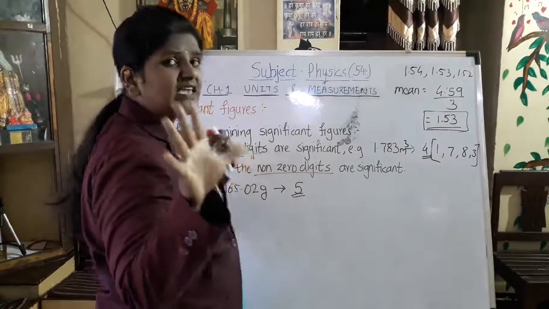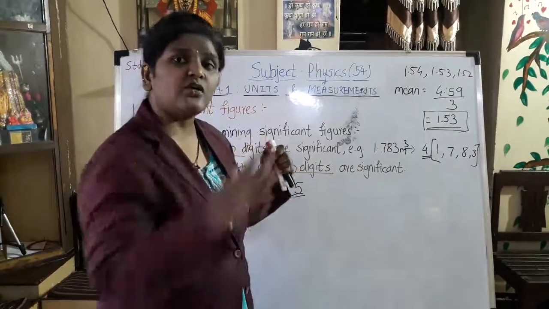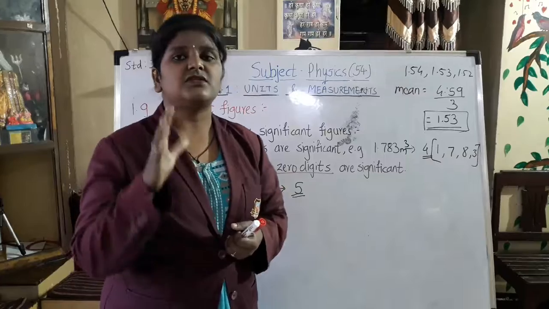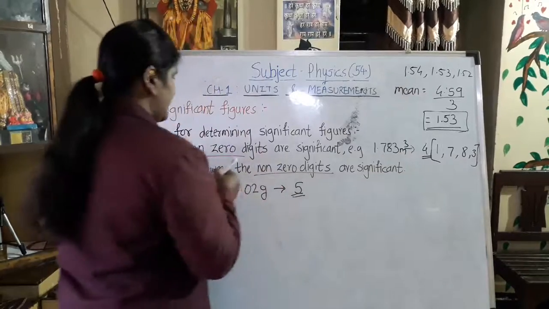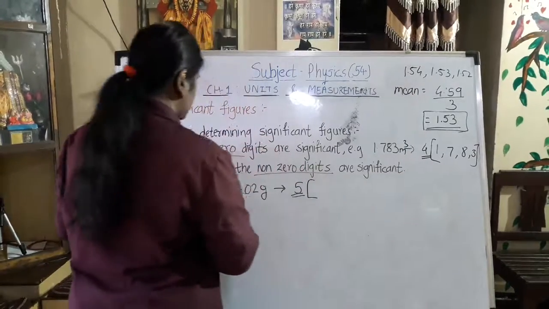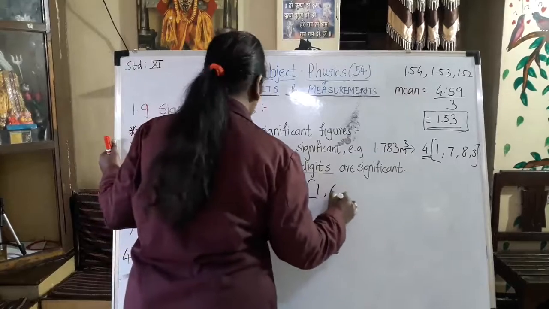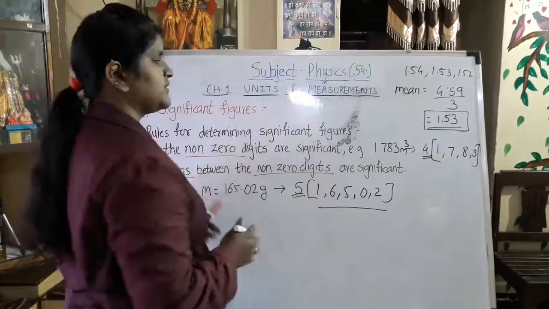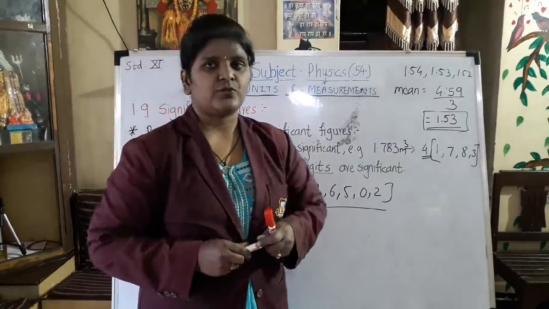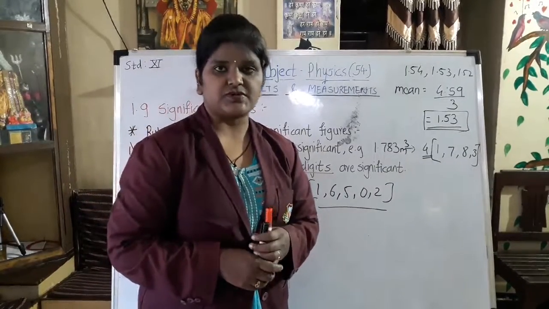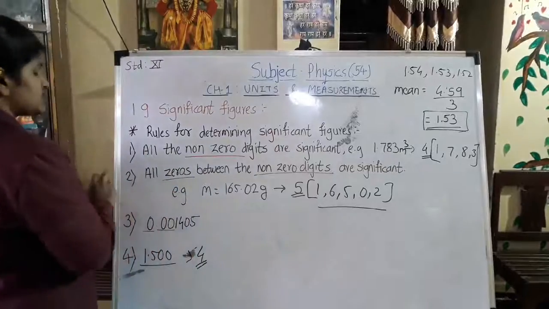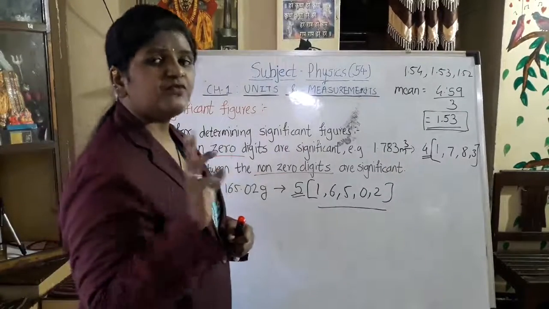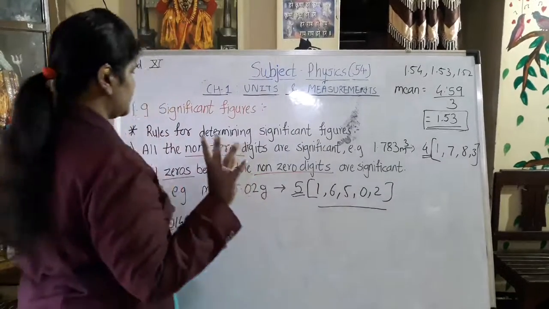There are 5 significant figures because all the digits give certain values. In detail, they are 1, 6, 5, 0 and 2. All these 5 numbers are significant. Okay. So this is the second rule that should be followed for determining significant figures.